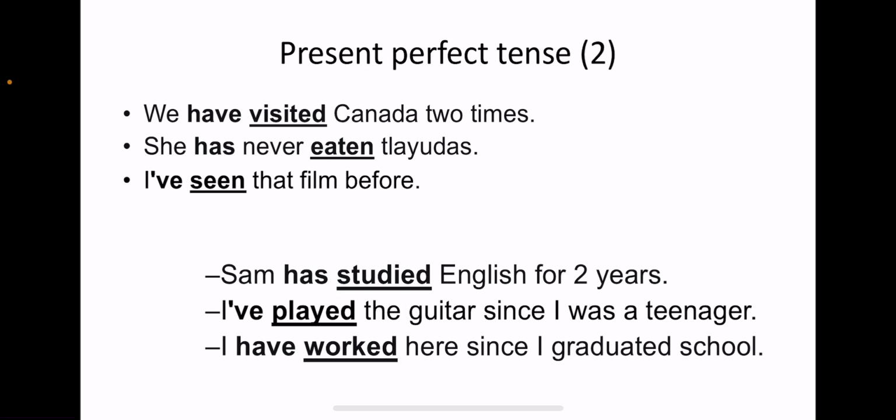For example, in the first example, I say, we have visited Canada 2 times. When? Not mentioned. It's not important, right? She has never eaten tlayudas. Never. Not even 1 time. When? It's not important. The important thing is the experience or the event, right?